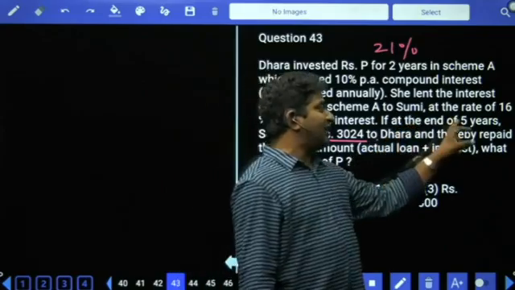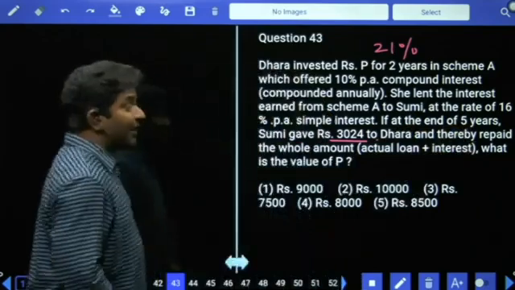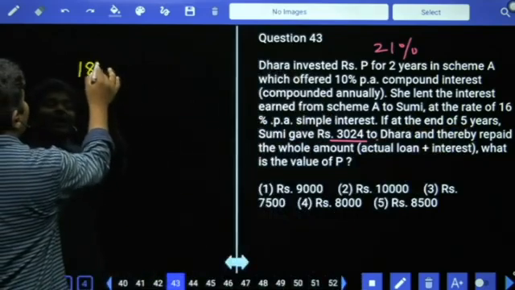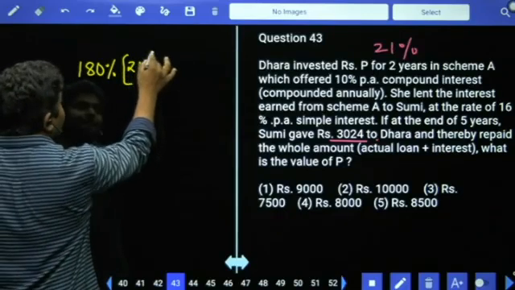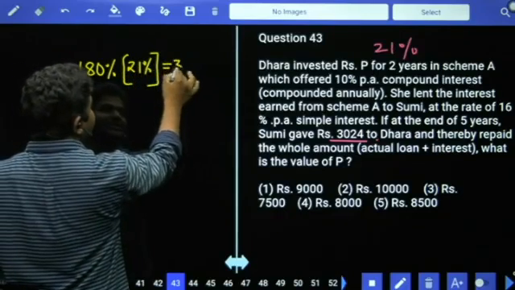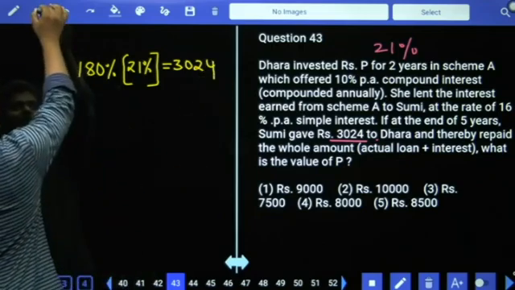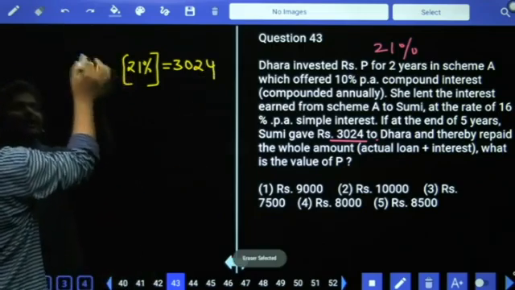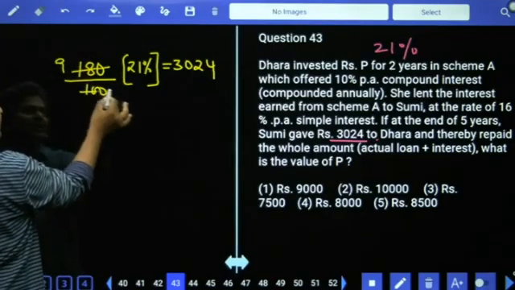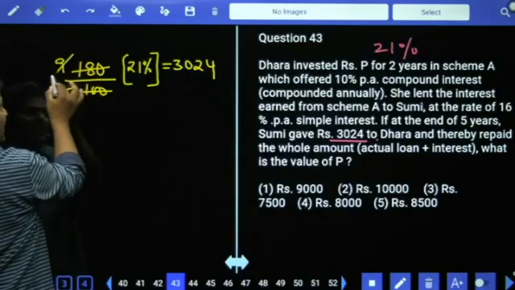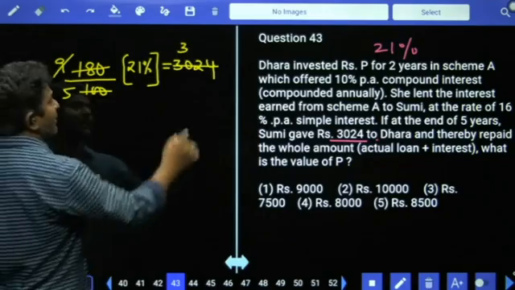Interest is 16 into 5, 80% interest is there, and to that if you add principal also, that will be 180% of principal taken, that was 21%, which is equal to 3024. 180% can be treated as 180 divided by 100. 9 times 3 is 27, 32 we have.